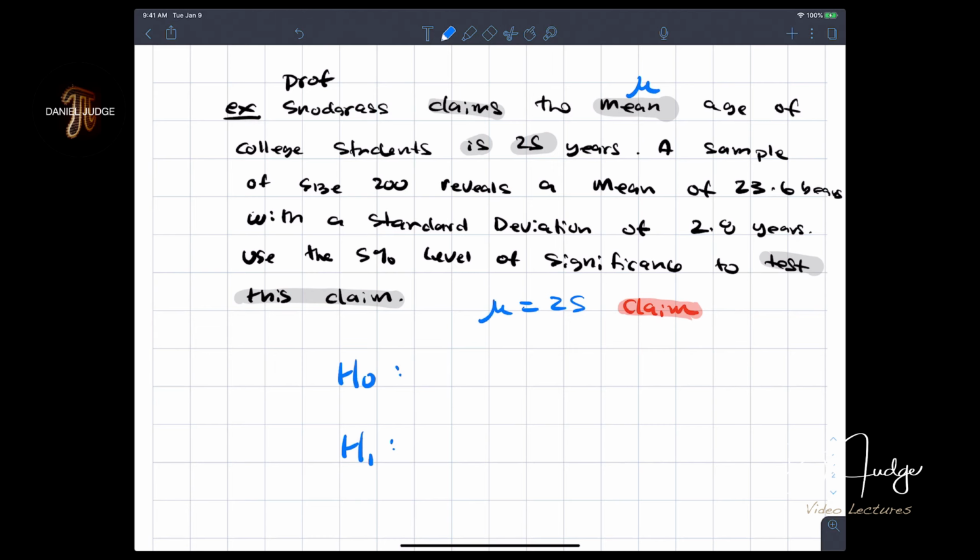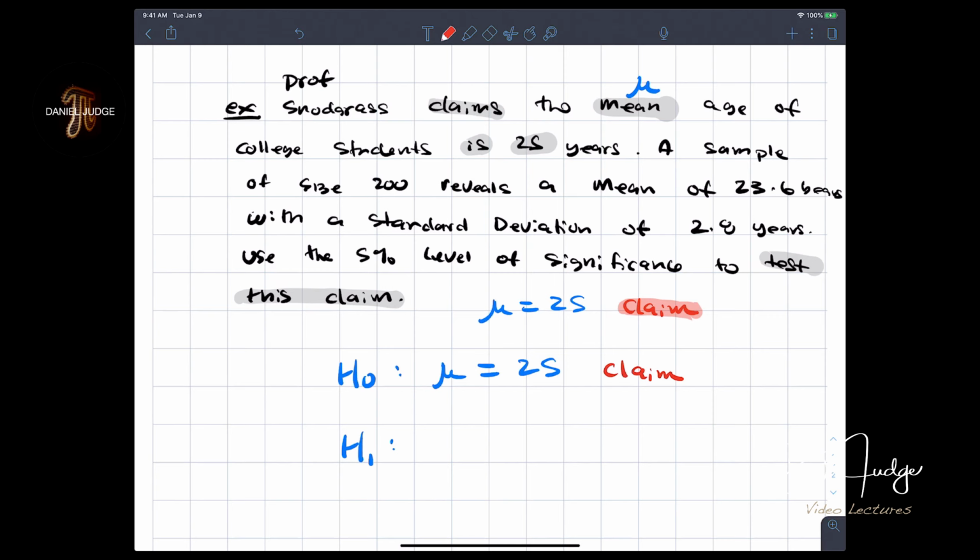Anybody know? This is where you start the process. A condition of equality makes this statement a null hypothesis. So mu is going to belong in that position. This is where you put that, and also, if you like, label it the claim, because this is a null hypothesis.